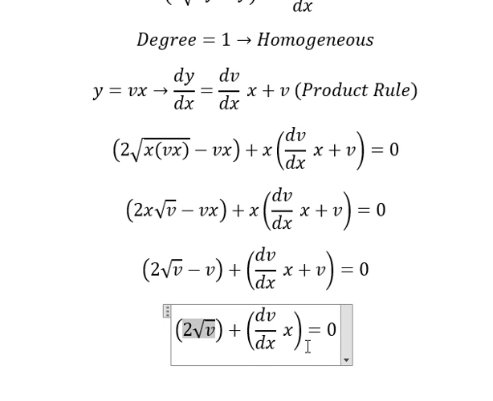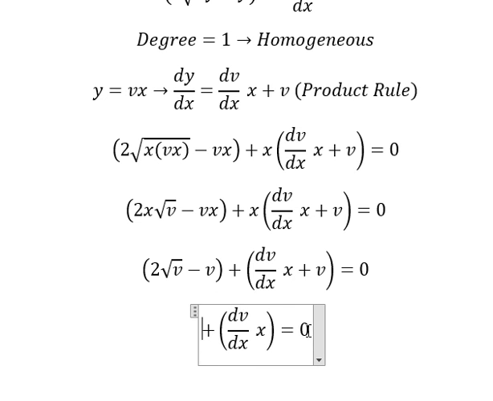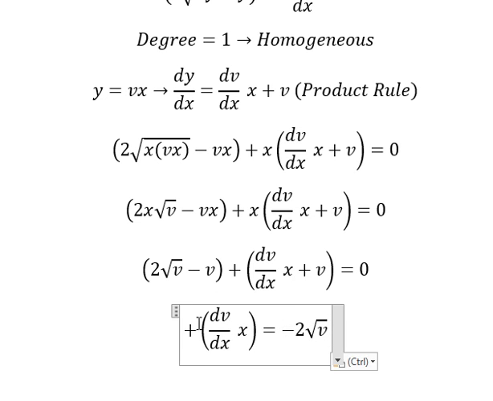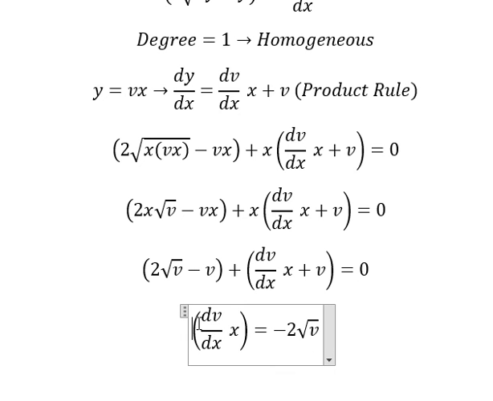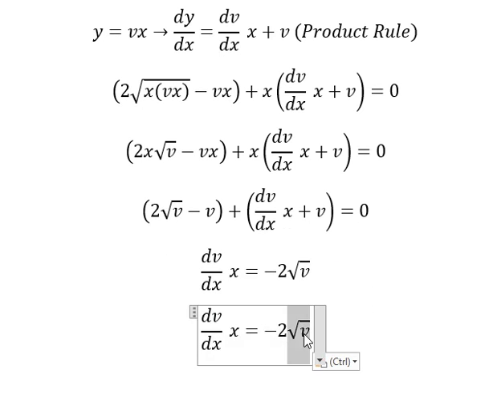So I will put this one go to the right. So I will put the square root of v go to the left, dx and x go to the right.